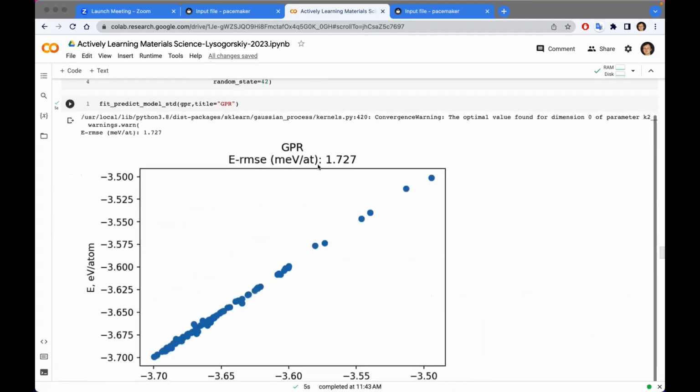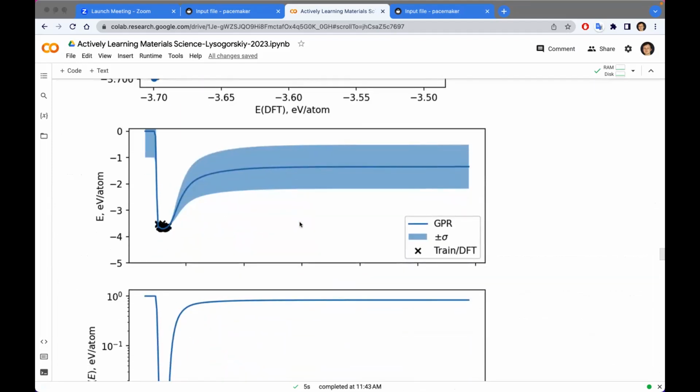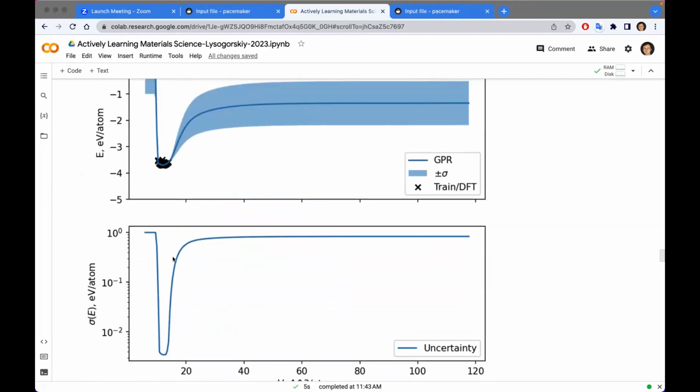Now it has some, let's say, 1 milli accuracy, but it's still okay. And we have the natural uncertainty from the Gaussian process. You can see the sigma just plateauing when it goes far outside from the training set, as expected. So we have yet another way of uncertainty quantification.